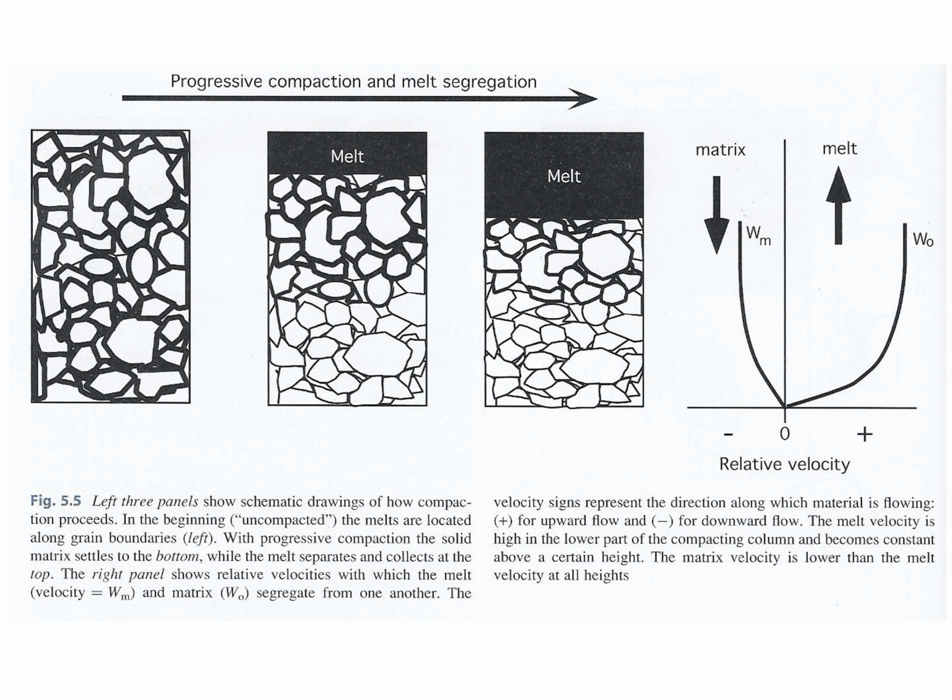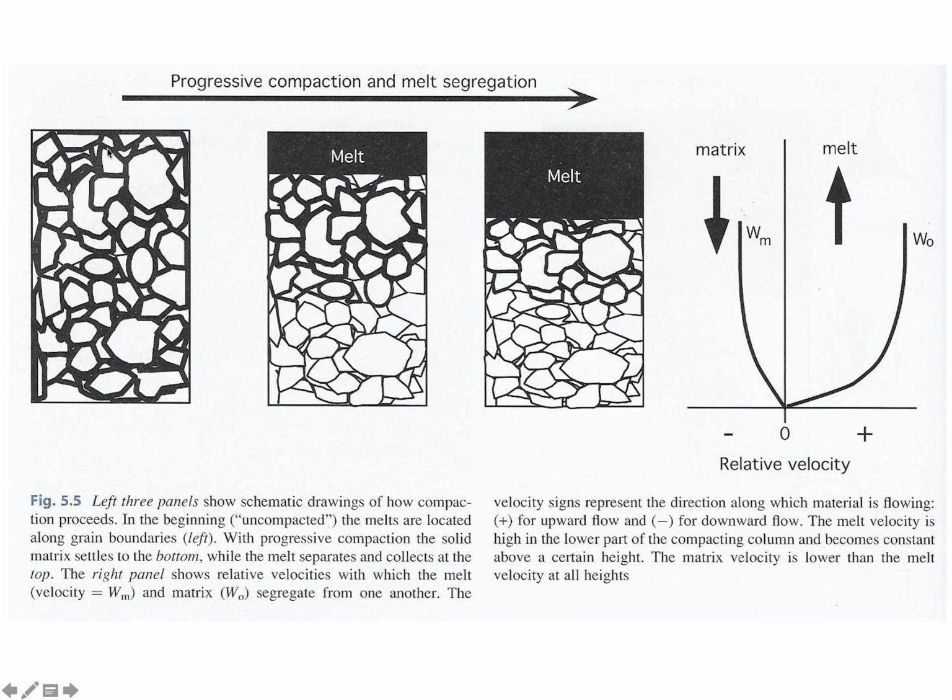So what is written here? Left 3 panels show schematic drawings of how compaction proceeds. In the beginning, uncompacted, the melts are located along the grain boundaries. Yeah? Therefore, we have these more thick grain boundaries, and there is the melt.